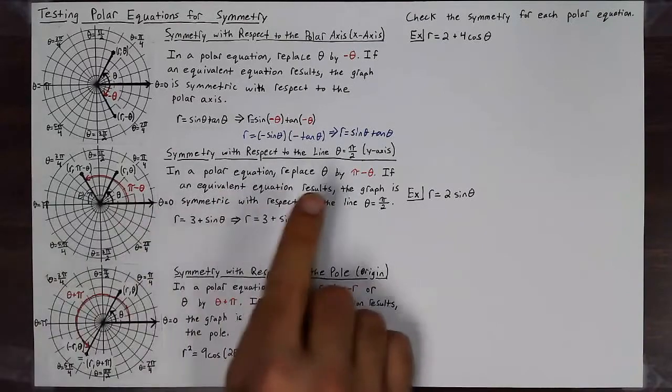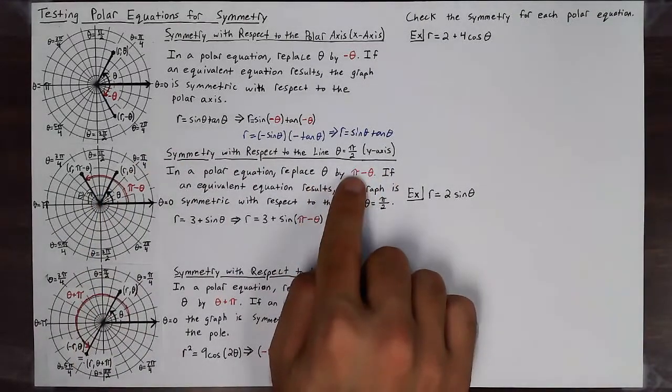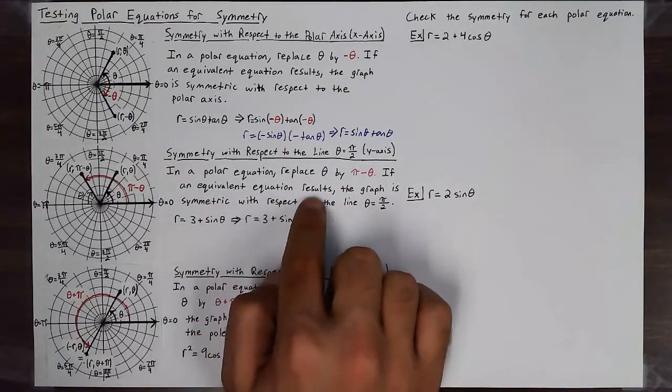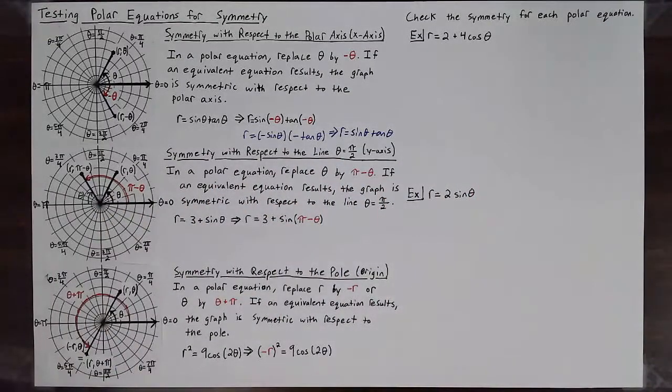So if I replace theta with pi minus theta, and if I end up with this equivalent equation, then it should be symmetric about that line.